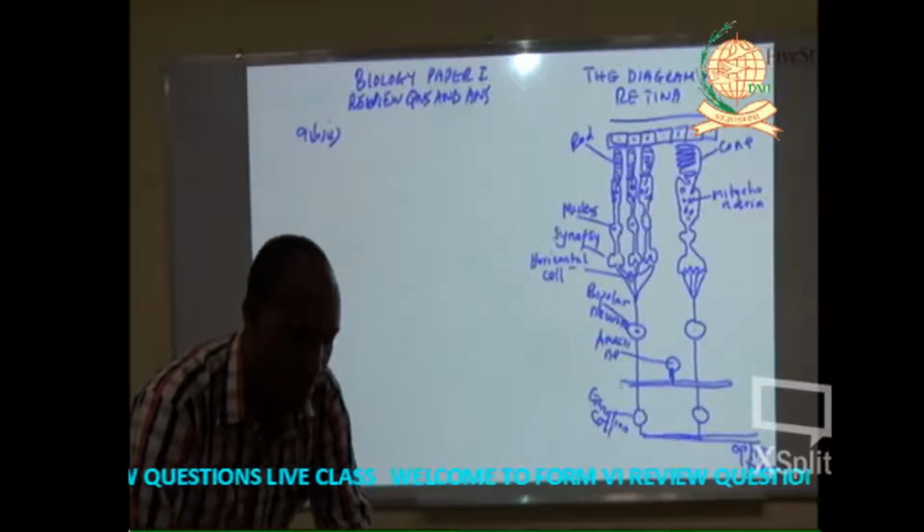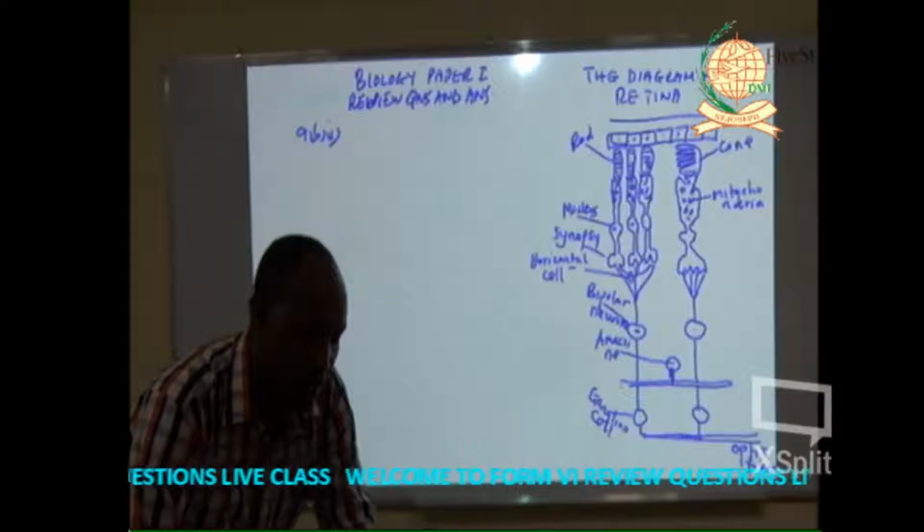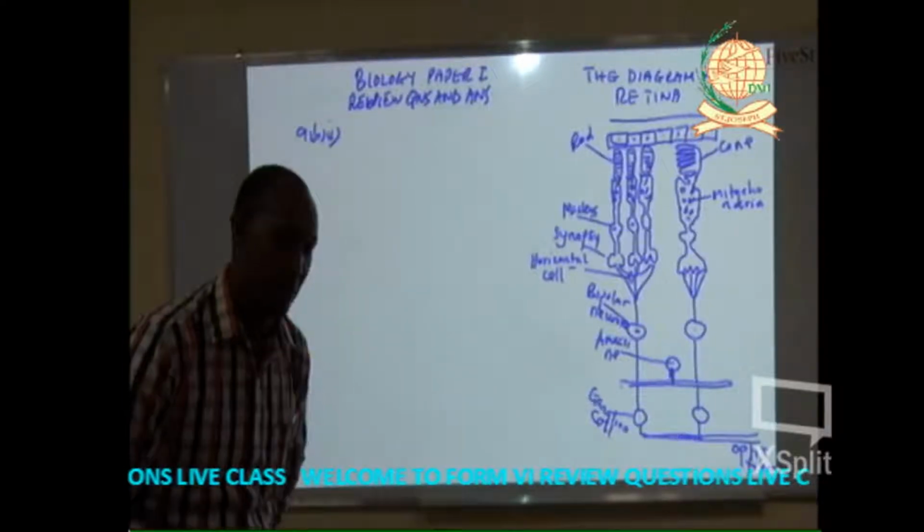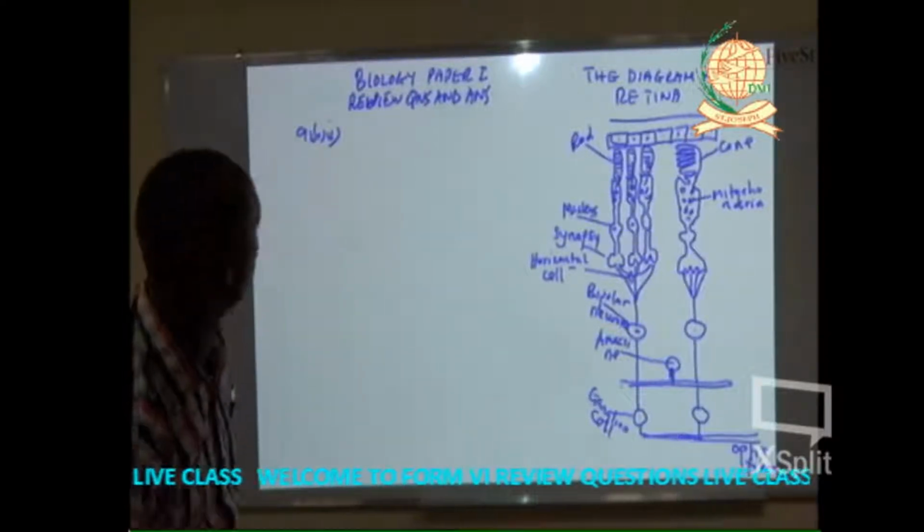The rest is rods. There are only 1 million fibers in the optic nerve. What does the implication of this figure mean?